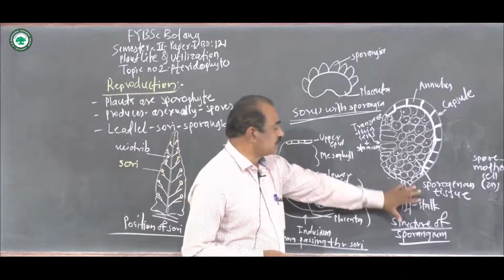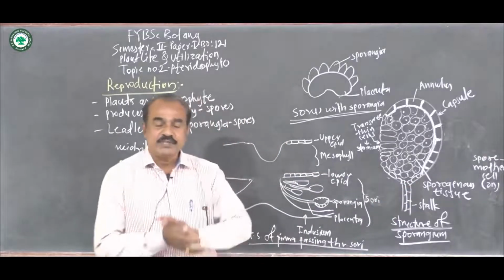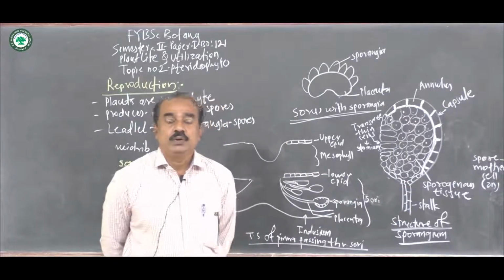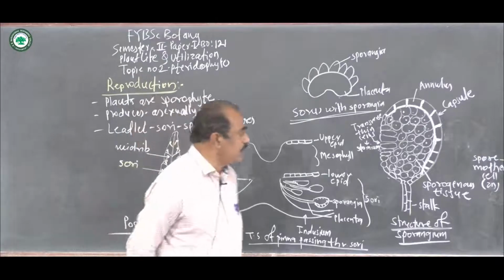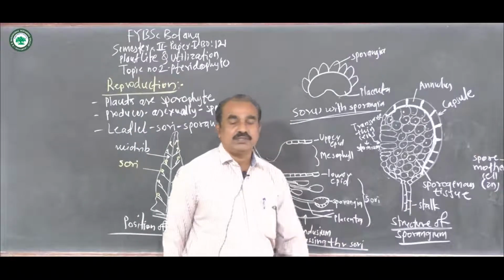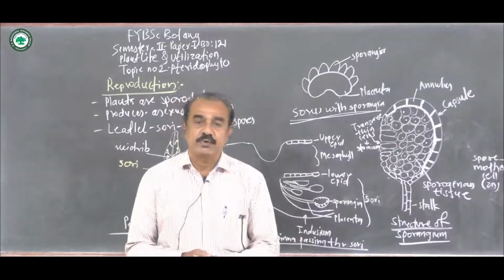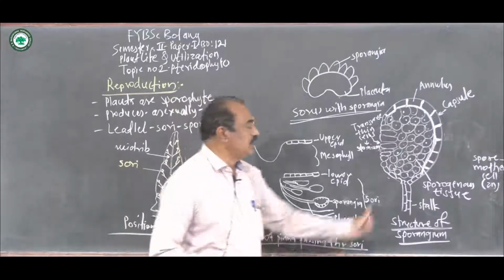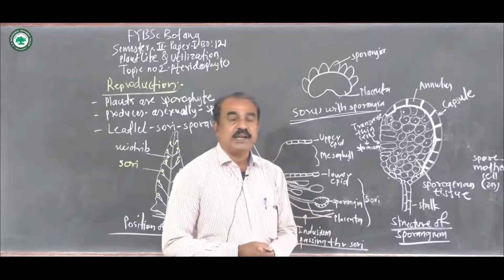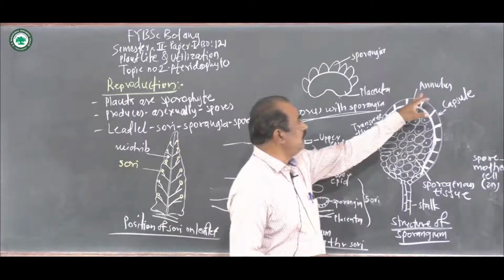Now, this is the detailed structure of the sporangium. This structure is divided into two parts. The lower part, which is few-celled, is called the stalk, and above this there is the capsule, that means the body of the sporangium. It is somewhat thumb-shaped in outline. It has a protective covering, which is called the annulus.